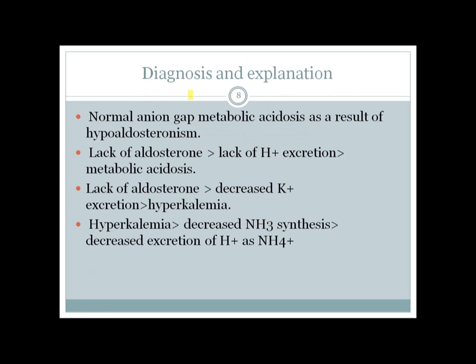Very good. So this patient has a normal anion gap metabolic acidosis. Actually, I didn't tell you the diagnosis. This patient has hypoaldosteronism, or Addison's disease, where there is a lack of aldosterone, which causes a decrease in hydrogen excretion. As you know from your endocrine physiology, aldosterone has three main functions in the kidney.